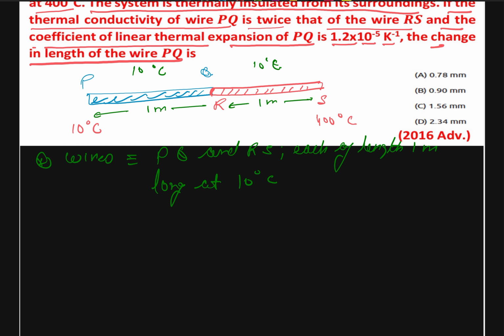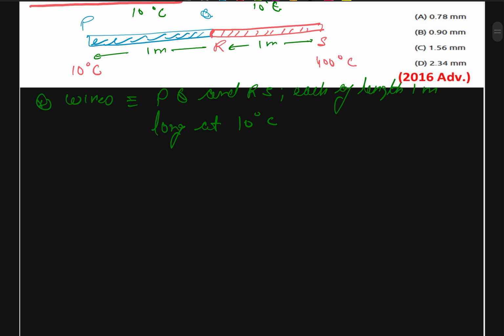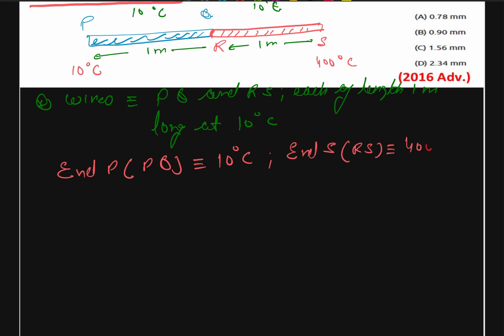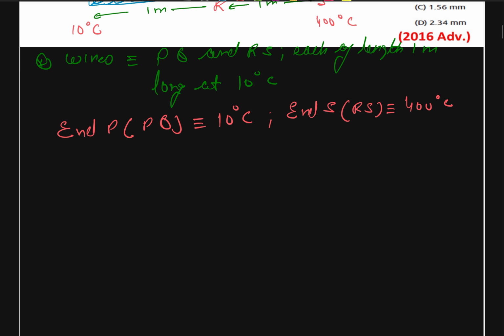And later on we are given that our end P for the wire PQ is at a temperature of 10 degrees centigrade, and S of wire RS is maintained at 400 degrees centigrade. The relation between the thermal conductivity is also given.